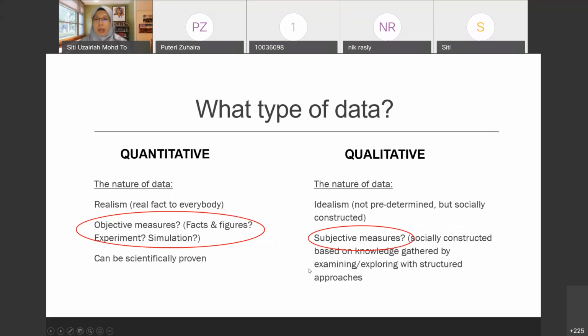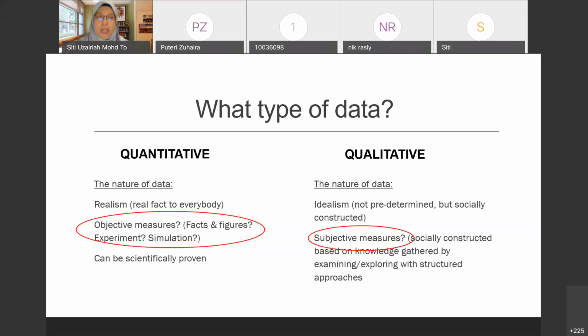Okay, so quantitative is quite straight to the point because it is related to fact and figure. Remember earlier I explained that we try to solve some problems. So you need to think, okay, this is my problem, how am I going to solve it?